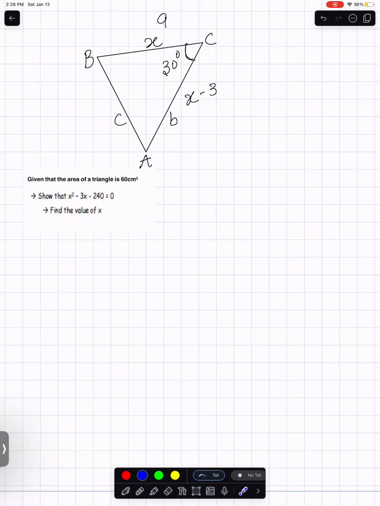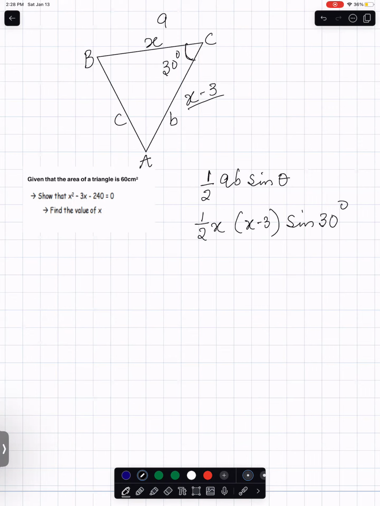So, like we established earlier, we know the area of the triangle is half into a b sine theta. So our a is x, as we have half into x, and our b is x minus 3. The given angle is 30 degrees.